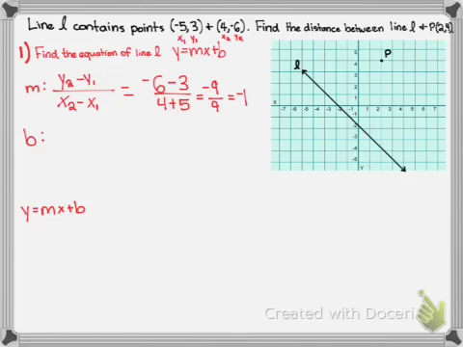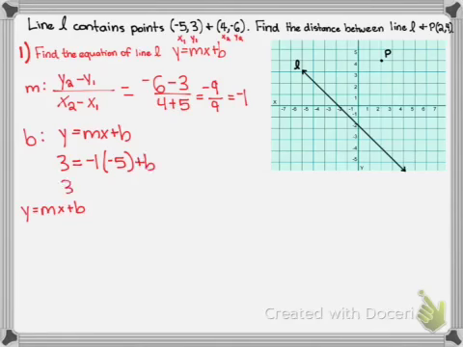After we find the slope of our line, we have to find the y-intercept. In order to do that, we will plug in our slope and one of the points in our equation. I'm going to choose the point (-5, 3). So I'll have 3 equals our slope, which is negative 1, times our x, which is negative 5, plus b.